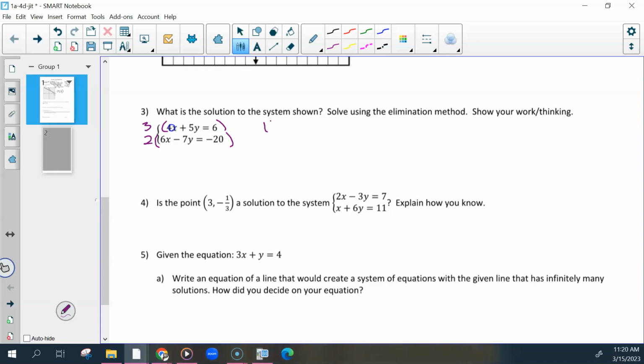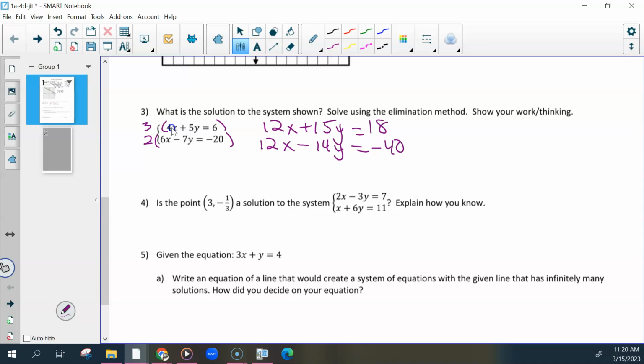So we get 12x plus 15y equals 18, and 12x minus 14y equals negative 40. Anyone else start this way? And again, that's fine. Don't erase.